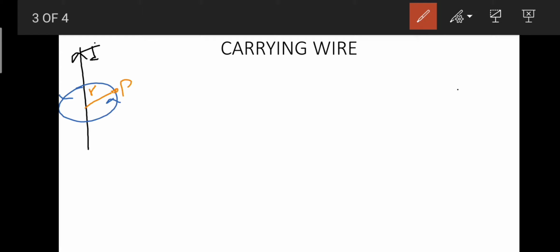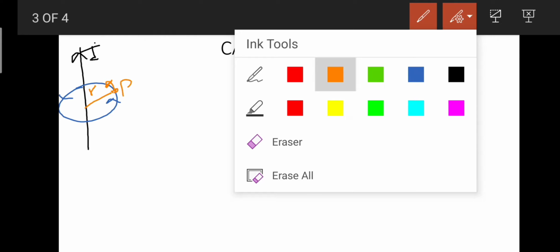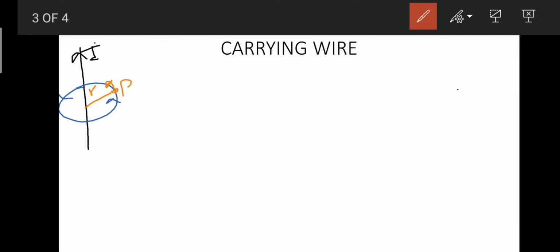I have discussed in the previous lectures that the length element would be like this, and its direction in this case is like this. If I want to draw the direction of the magnetic field, I will draw the tangent. This is the direction of B, so B and dL are perpendicular to each other.